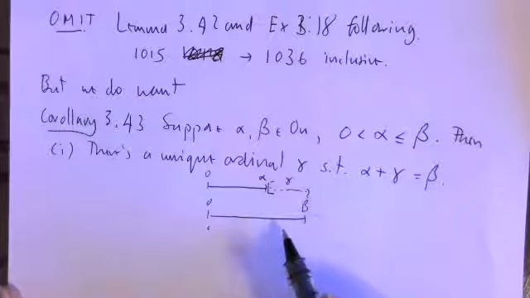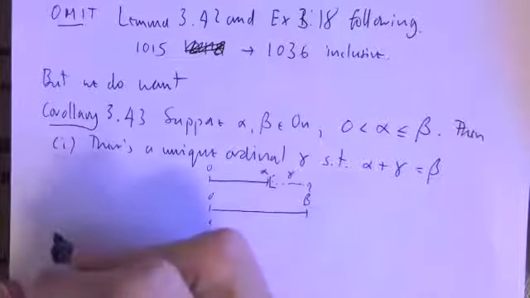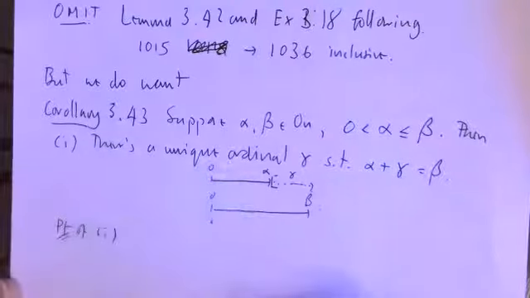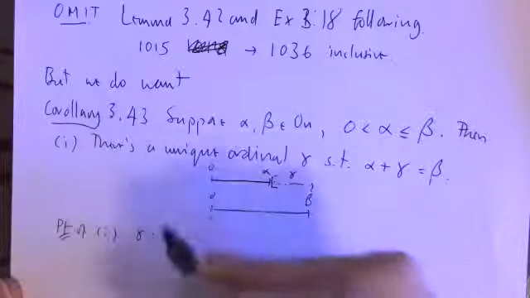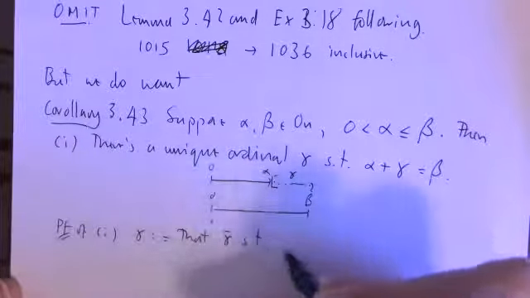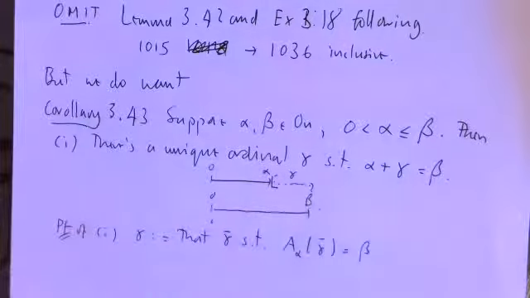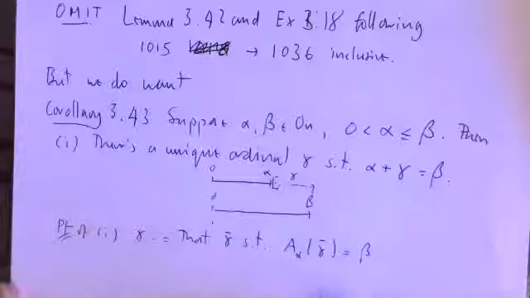And actually, this just comes from the addition function. So proof of one. What is gamma? Gamma is simply that ordinal I add to alpha to get to beta, which of course is just saying this picture in another way.